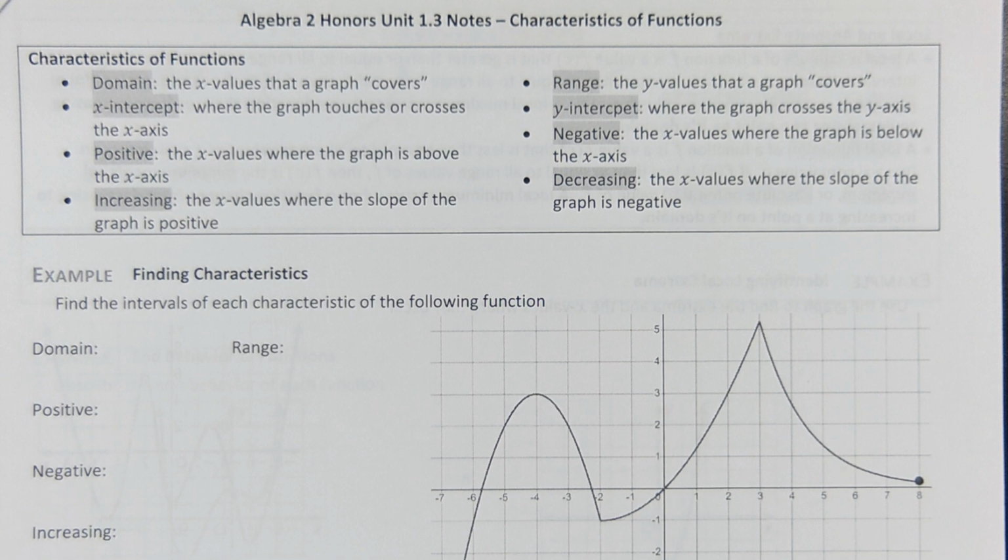At x equals 5, does our graph have a positive y value or a negative y value? That's what we mean. So when we say positive and negative, the y values would have been positive here, and the y values would have been negative here. But we use the x values to describe where we are. So on a graph, when you say where does something happen, you're using x values.